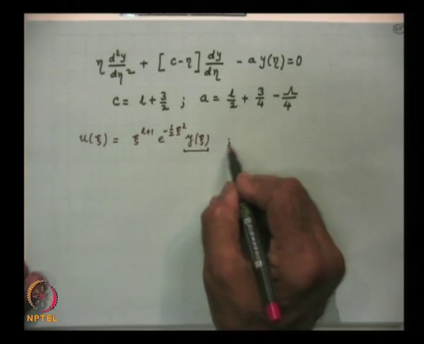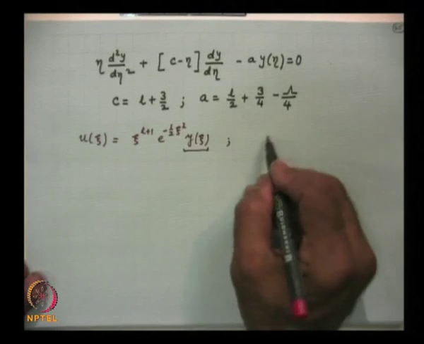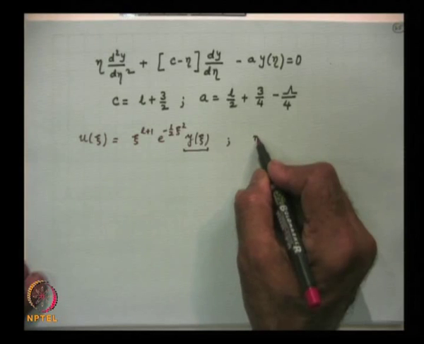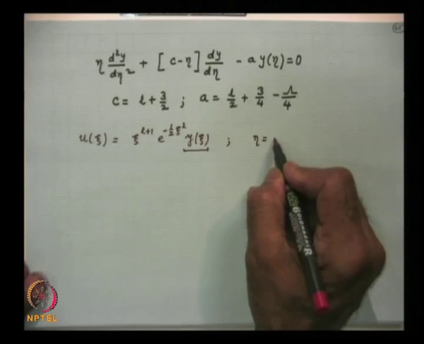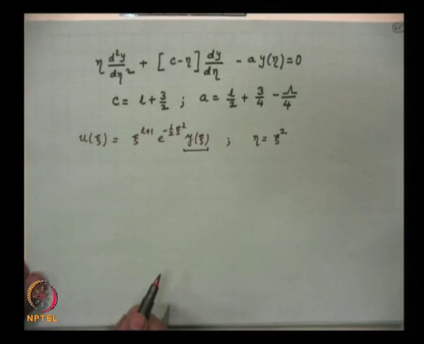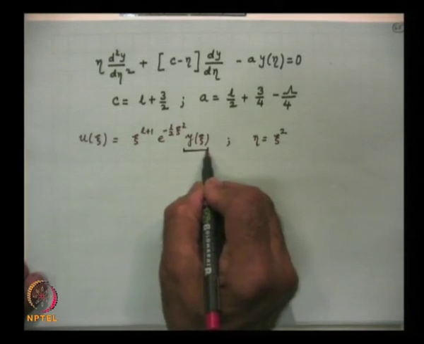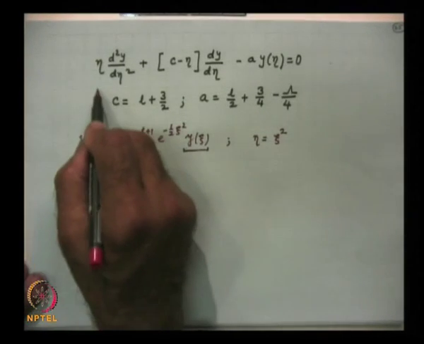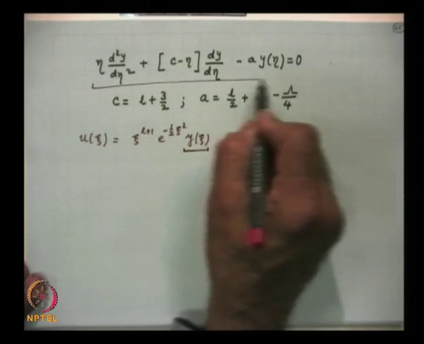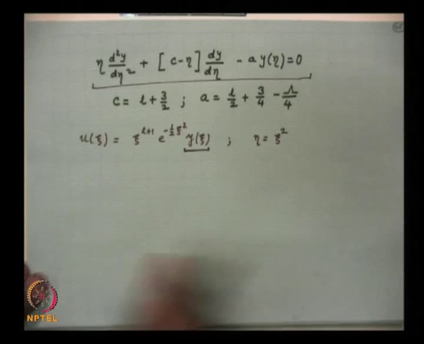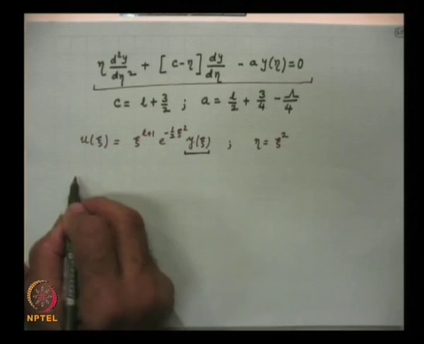Since there is a xi square term here, we used the transformation eta equal to xi square. Then this function y of eta satisfies this equation. As we all know, this is the familiar confluent hypergeometric equation.